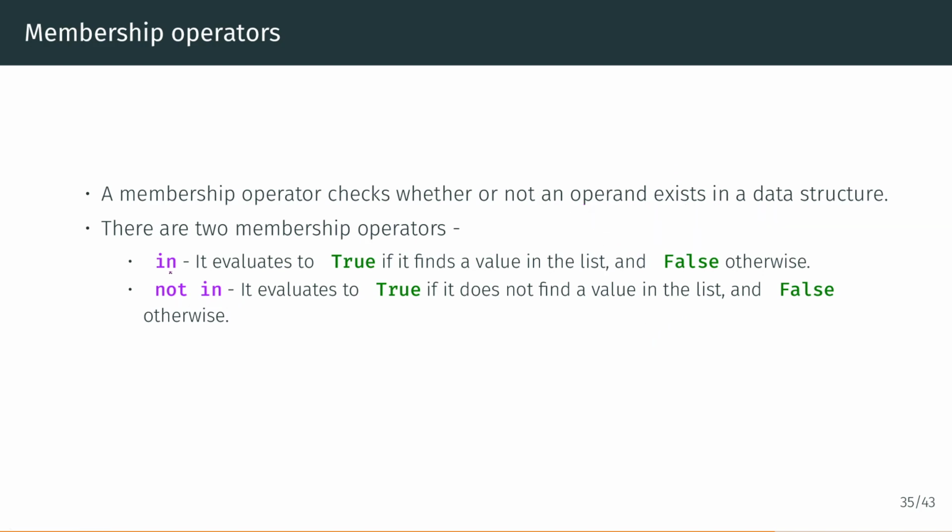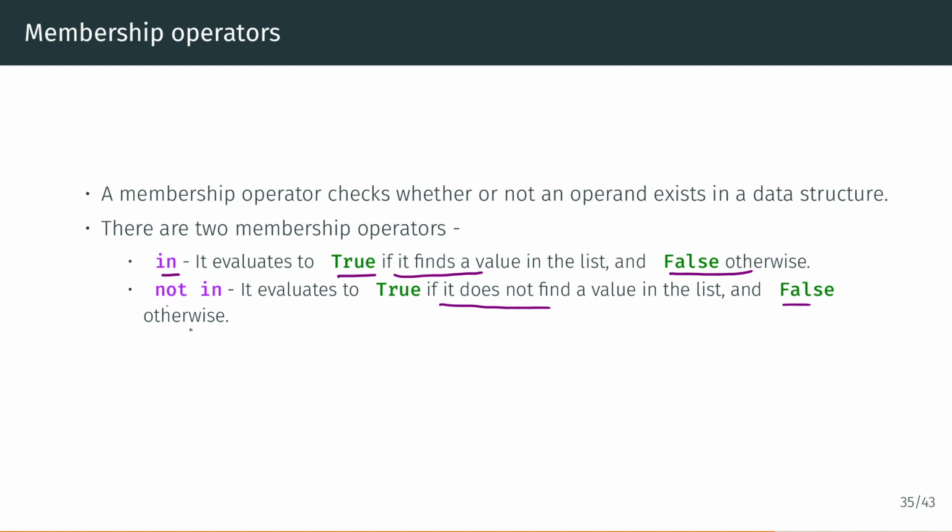If it does not find a value, it says false. Similarly, not in evaluates to true if it does not find a value and false otherwise. So not in is the opposite of in.